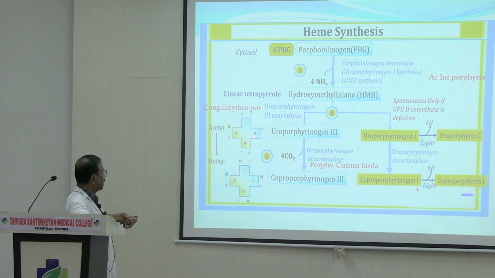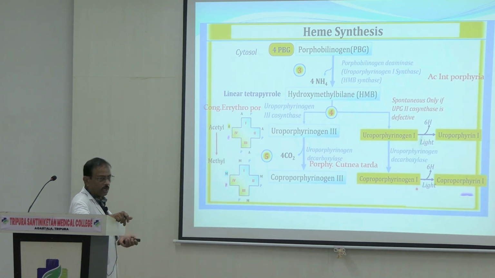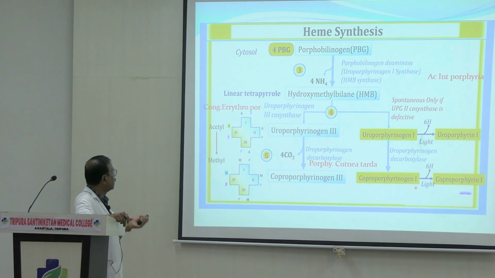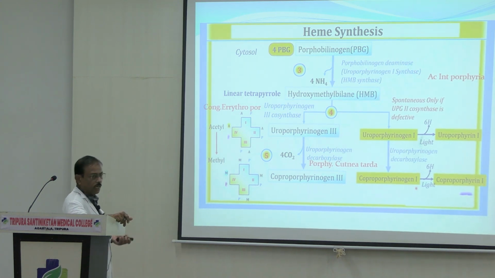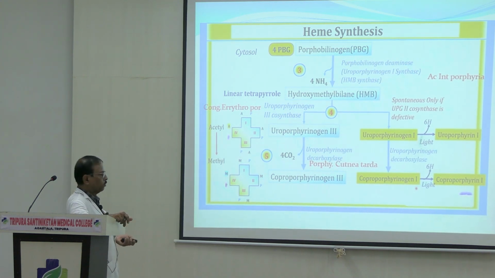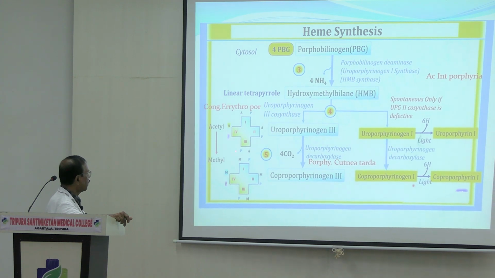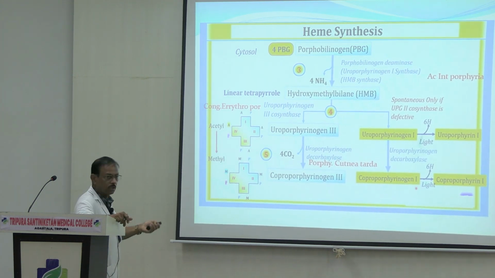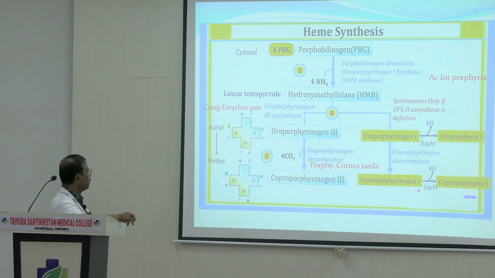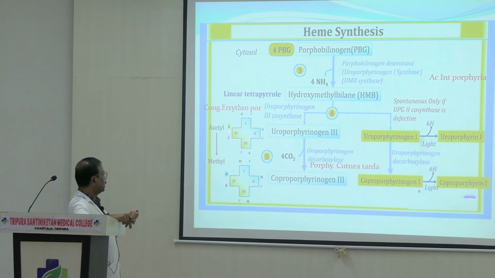Here, the first, second, third, and fourth substituent groups are acetyl group and propionate group. Acetyl, propionate. Because this is type 3 porphyrinogen, asymmetry is there.